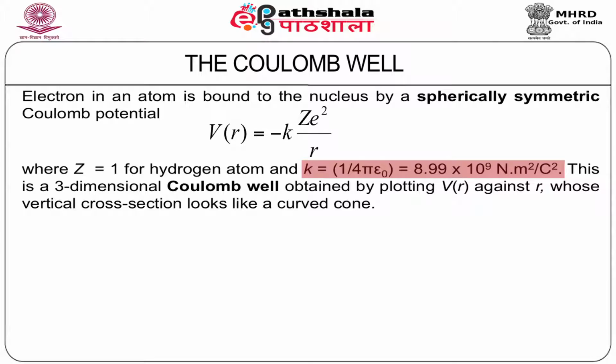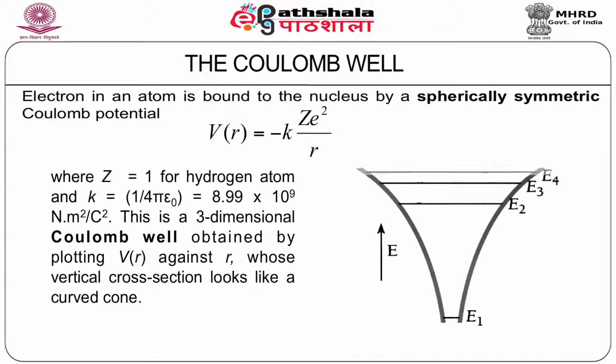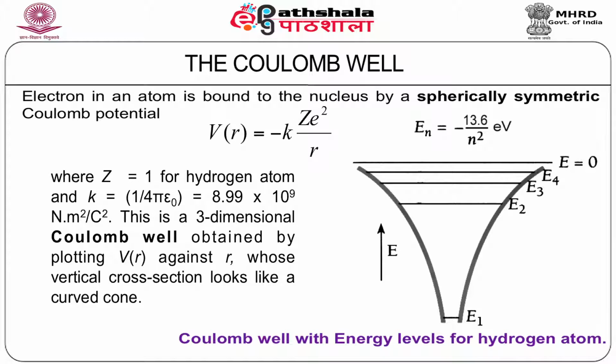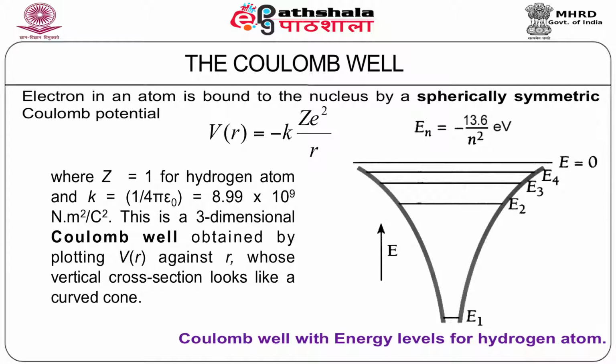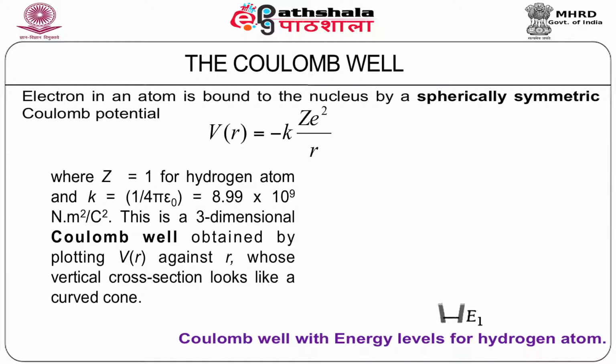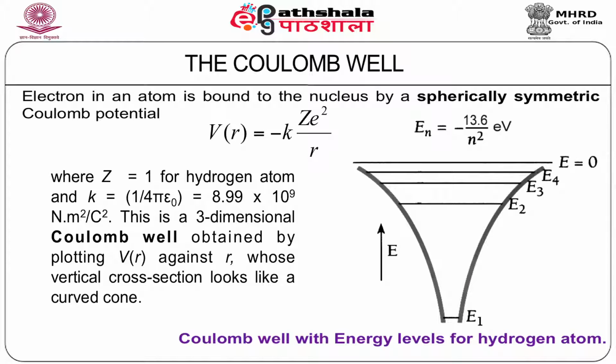So this is a 3-dimensional Coulomb well obtained by plotting V(r) against r, whose vertical cross-section looks like a curved cone. So you can see the figure. There's a Coulomb well with energy levels for hydrogen atom. Actually, if you plot V(r) against r, you will get a sort of 3-dimensional conical structure, and this is just the vertical cross-section of that cone.